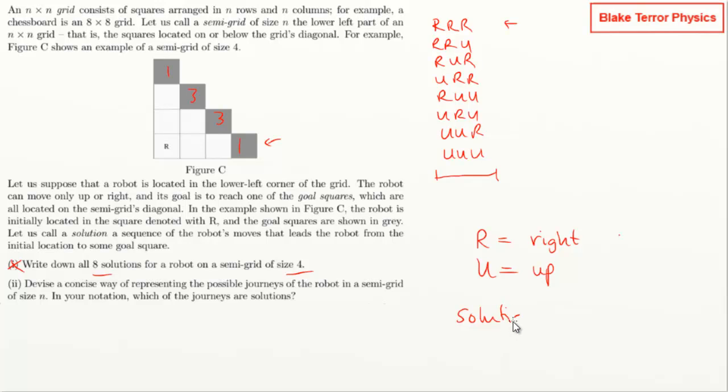Solution equals a string of R's and U's of length n minus 1. I don't know if that's what they're asking for. It's not really a very clear question, but that's all I've really got to offer. If you can think of something else, then let me know.